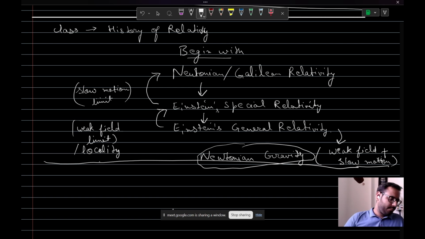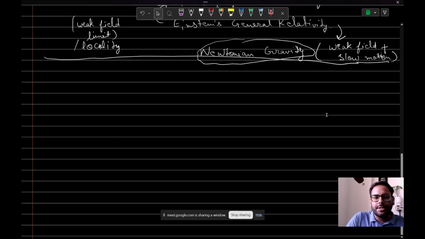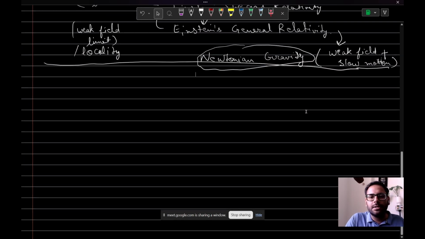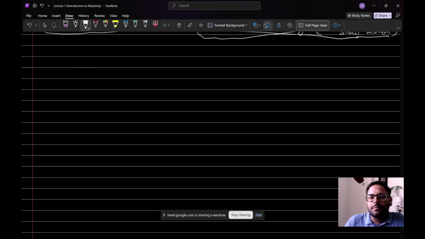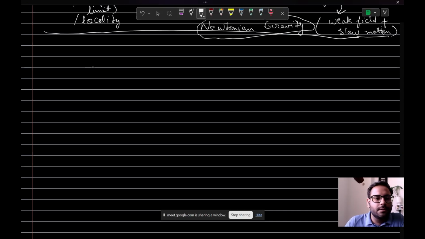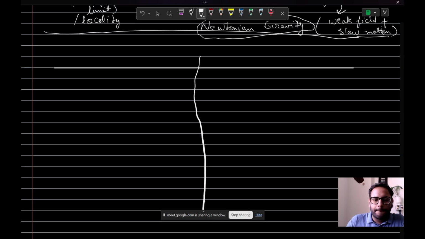Okay, fine. Let's make a table and differentiate between special and general relativity with some points. So let's make a table out here.